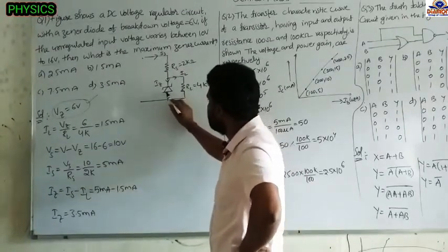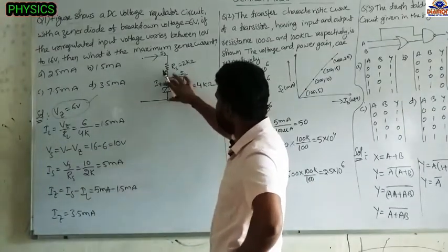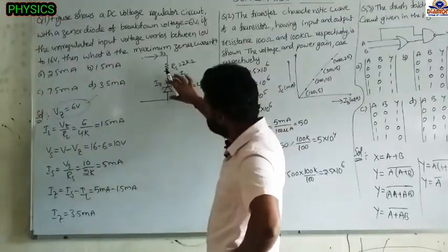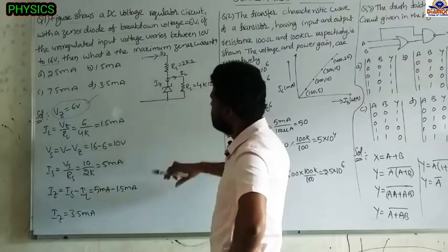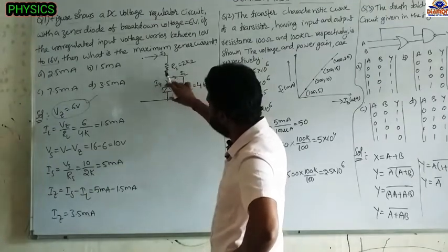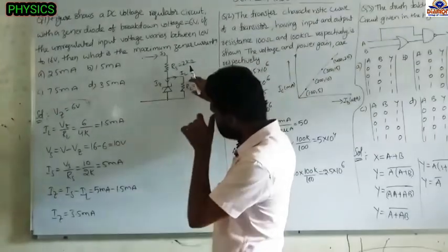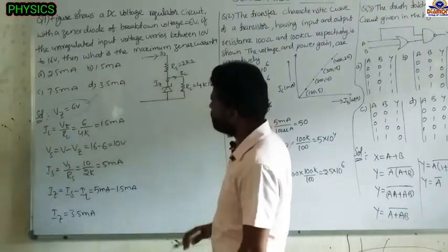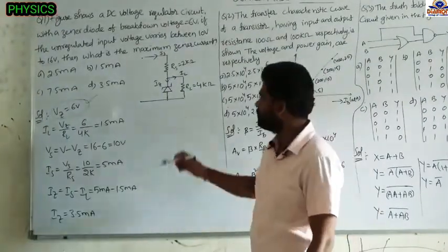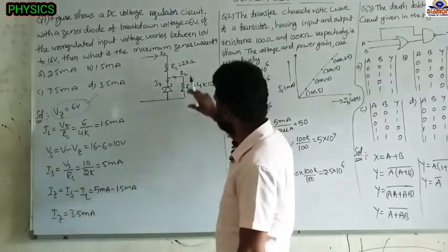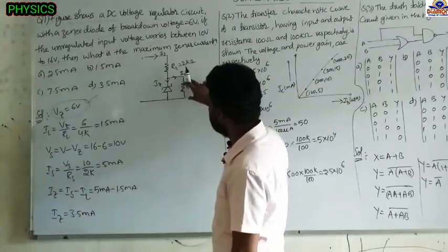So this Zener diode and the load resistor are connected parallel to each other, so the voltage drop across one is equal to the voltage drop across the other. The Zener breakdown equals 6 volt. Whenever the voltage is more than the breakdown, current flows through it. So the potential here is 6 volt, and here also 6 volt.